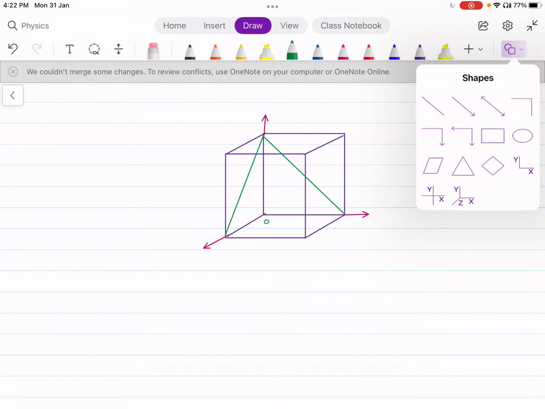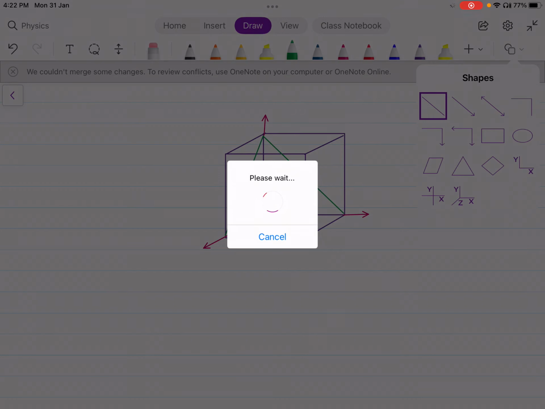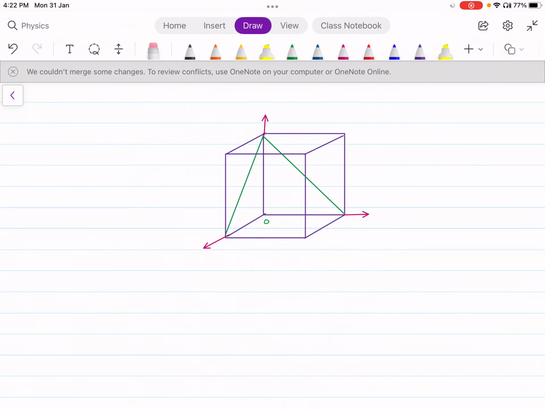All the three sides of this plane are face diagonals.